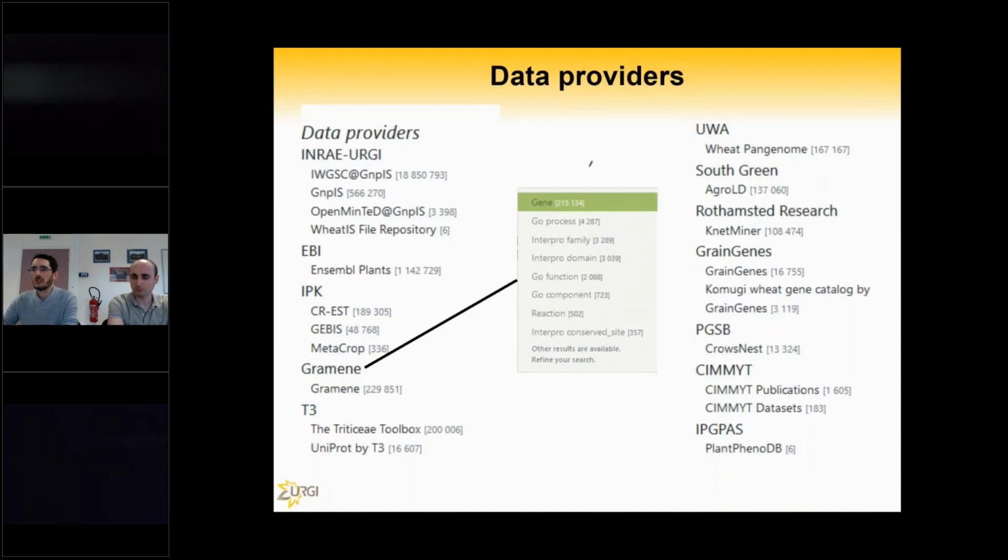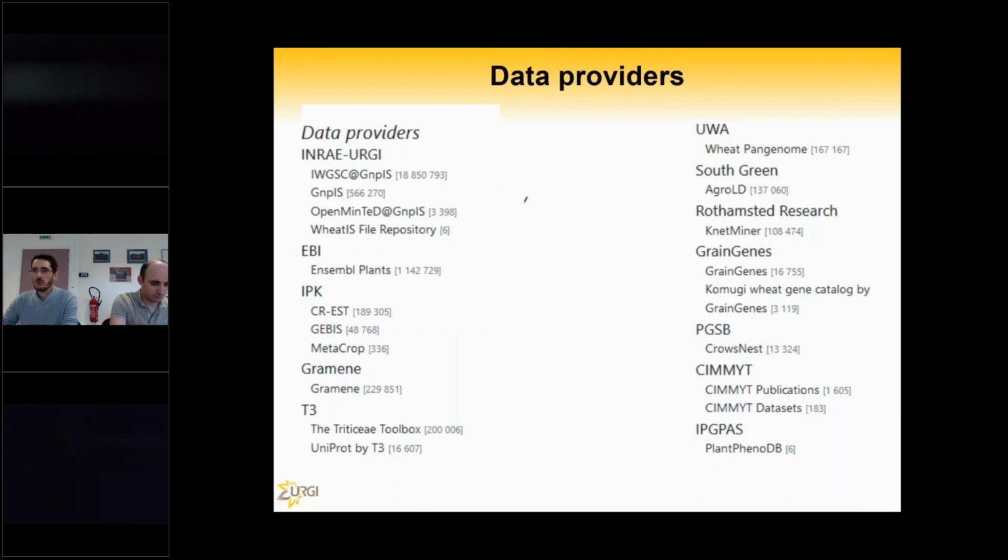Federation mainly genes, as you can see here, but also gene ontology information about processes, functions, components, and so on. The 3CC toolbox provides mainly markers and maps, germplasm also, genes, phenotyping experiments, and genotyping experiments.